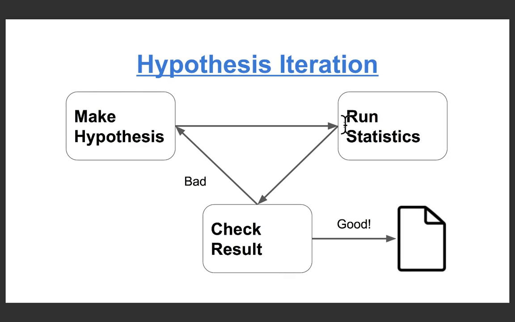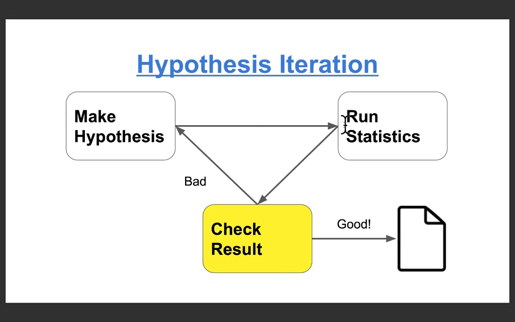As I mentioned, the SMART is a good hypothesis iteration tool. This is the process. Make a hypothesis, type the statistics code, run it in SAS, STATA, or SPSS, and get the result.